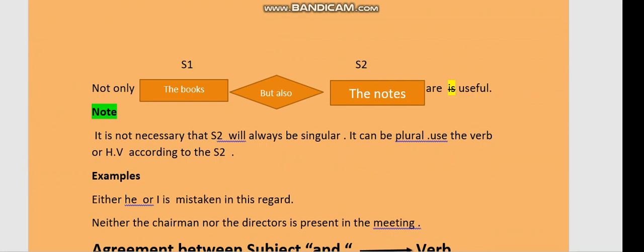Because the notes is plural, that is our second subject, and our helping verb should also be plural. It depends upon the second subject. It is not necessary that it will always be singular, it could be plural. When it is singular, our verb will be singular. When it is plural, our verb will be plural. It's so simple. You just have to concentrate on these words, and that is so easy.